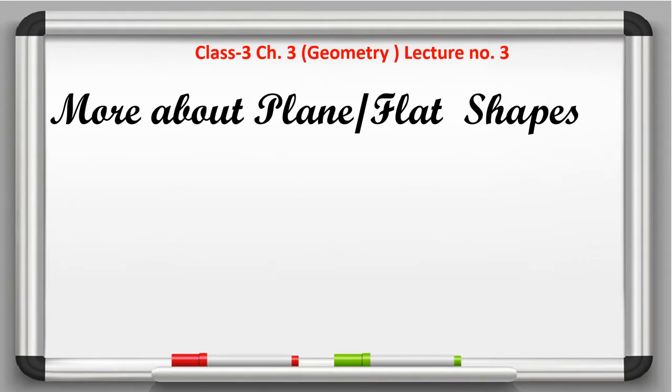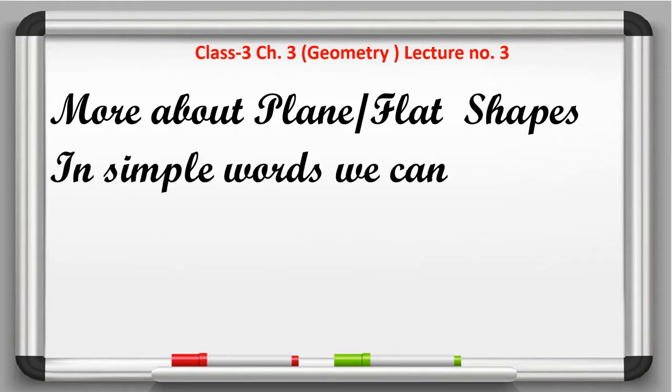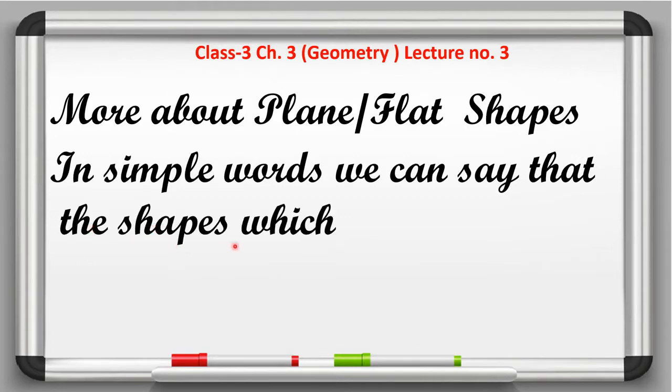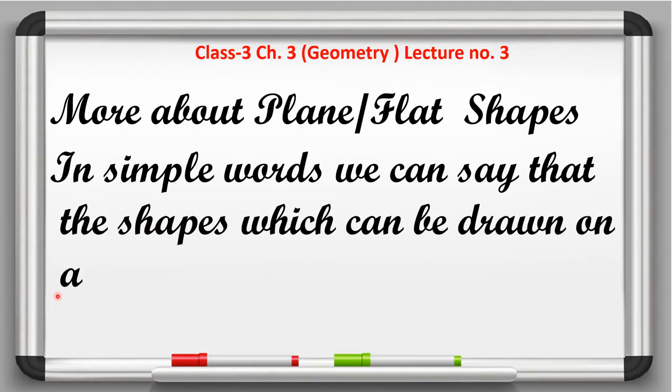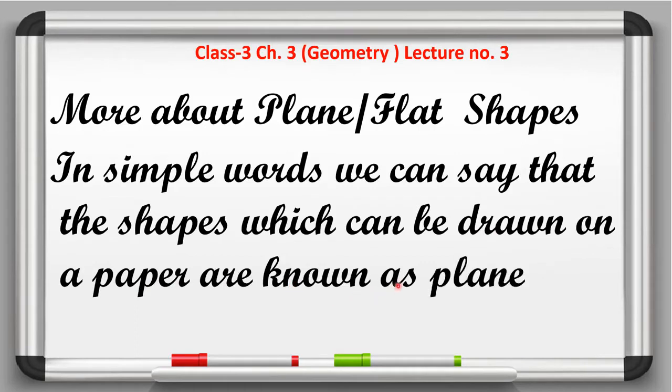Okay. In simple words, we can say that the shapes which can be drawn on a paper are called or known as plane or flat shapes. Okay, beta.